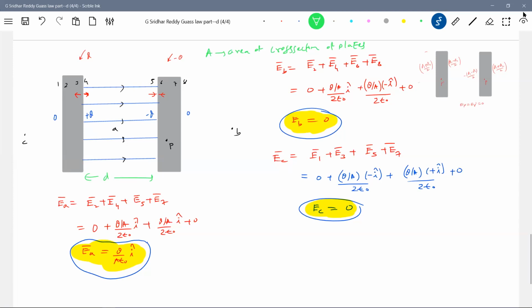Is there any electrostatic field energy present? Yes, so we'll introduce that also. The electrostatic field energy between the plates should be equal to energy density into volume.